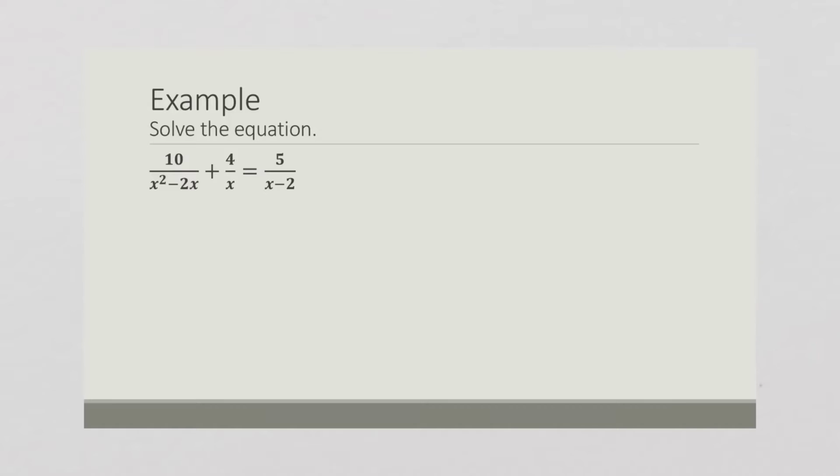We'll go through this. Notice you have to factor the first term to see what all it has in it. So if I factor an x out, I'm going to have x times x minus 2. Well, that is actually my common denominator. I'm going to go through. I end up with 10 equals 4 times x minus 2.